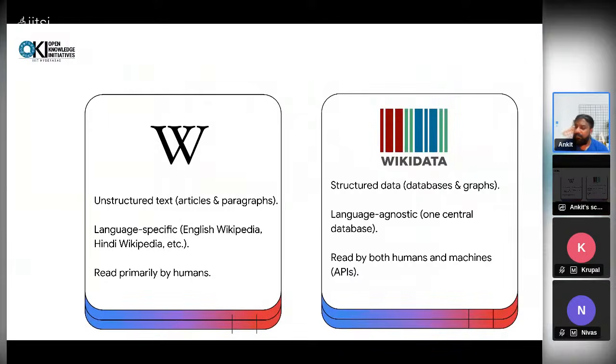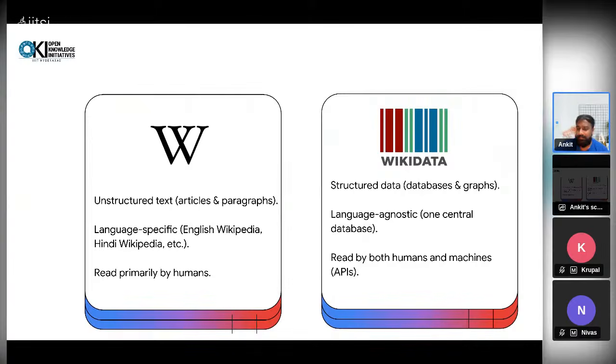Second, you might have thought about how Wikipedia is different from Wikidata. You have all read Wikipedia's pages. It is unstructured data, that is articles and paragraphs, and it is based on languages. Whereas Wikidata is structured data, based on graphs, figures, numbers, locations, details, dates.